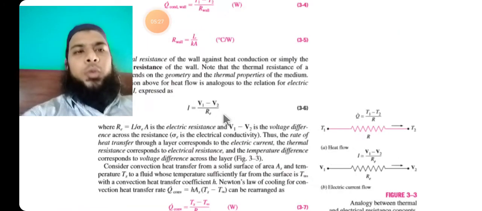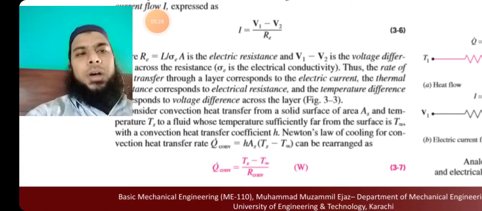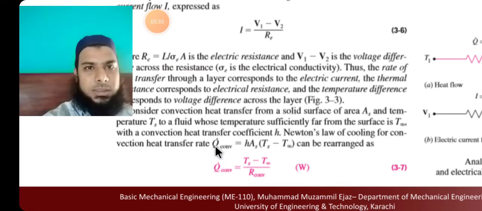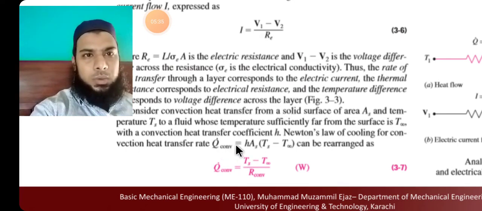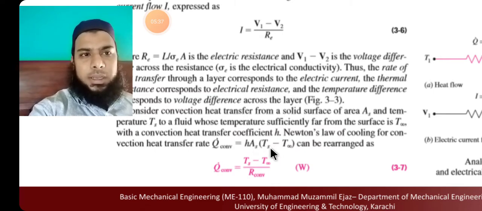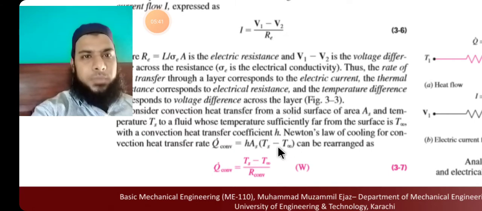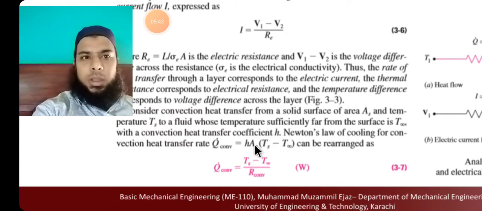Now let's move towards the resistance value of convection. The convection formula is Q equals hA(Ts minus T infinity), the surface temperature minus the surrounding temperature. Q is directly proportional to the temperature difference, A, and h.